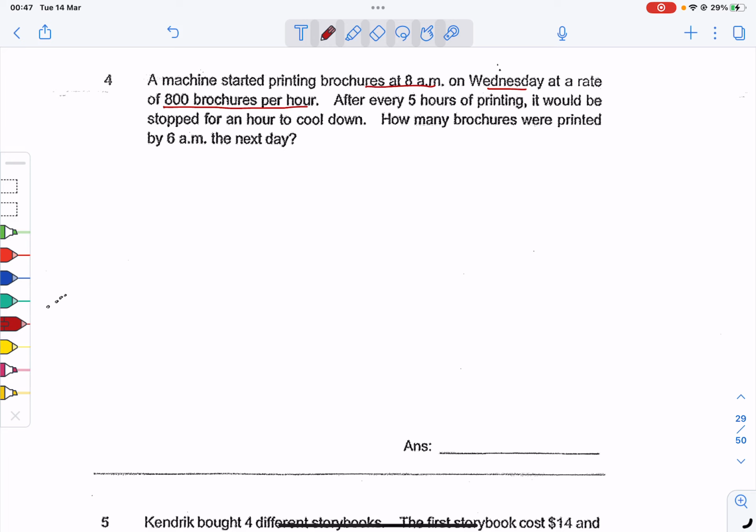How many brochures were printed by 6 a.m.? So we can say Wednesday, 8 a.m., right? So we'll count 5 hours. So it will be 1 p.m. So we'll rest and start at 2 p.m.